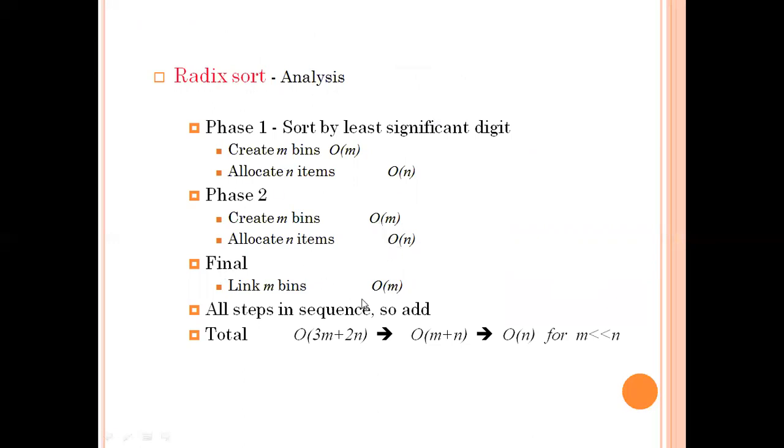And finally these M bins are arranged. So all steps we can say 3M plus 2N. So the time complexity is O(N), because there may be so many numbers. In comparison to N, suppose M is very small, so it can be ignored. So the time complexity becomes O(N).